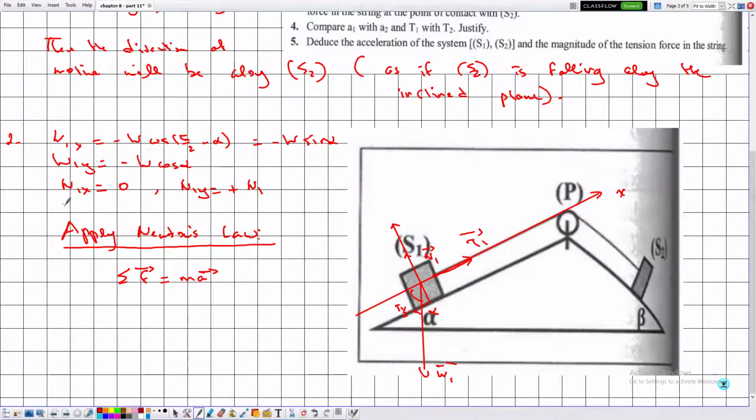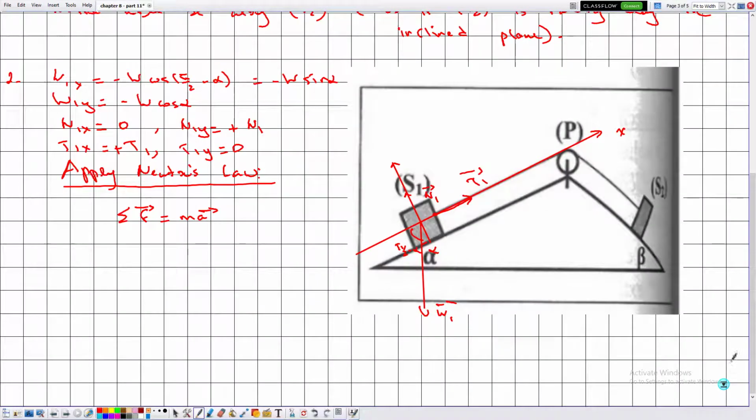Now T1y is equal to 0, and T1x, it's pointing in the positive direction, so it's plus T1. Now let me replace in this equation the different forces that are acting on the solid 1. We have T1 plus W1 plus N1, this is equal to ma.